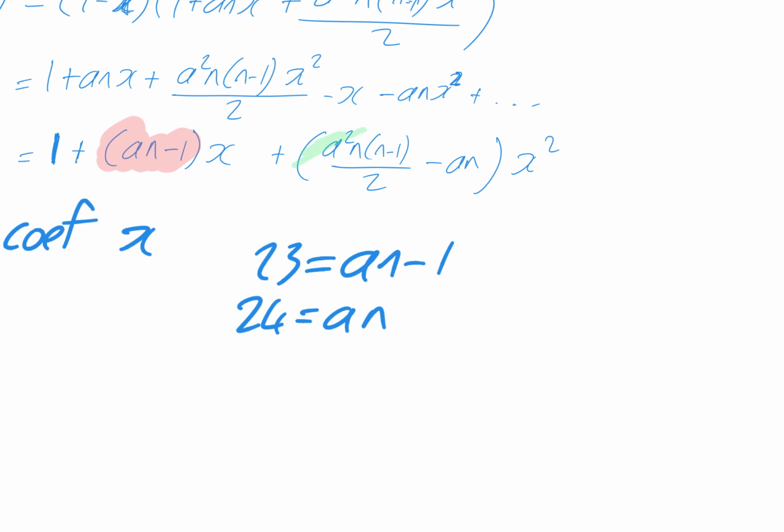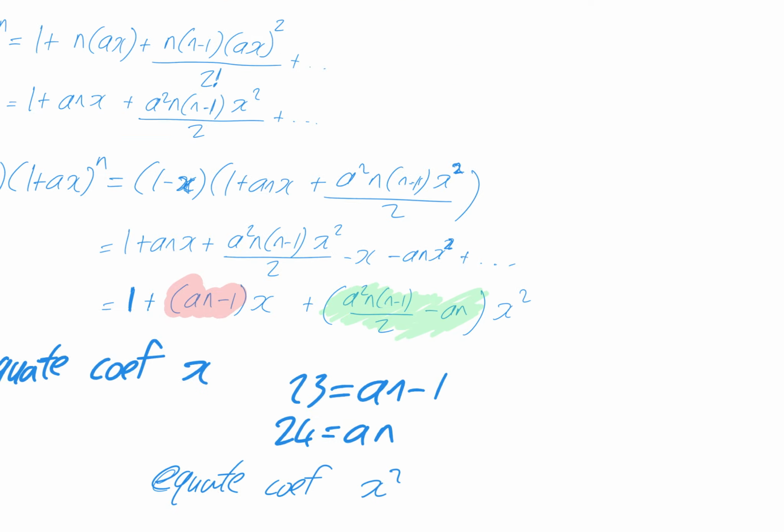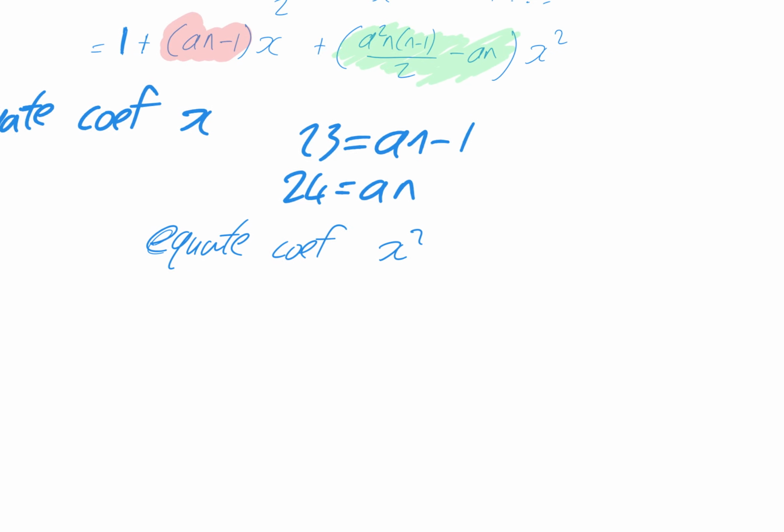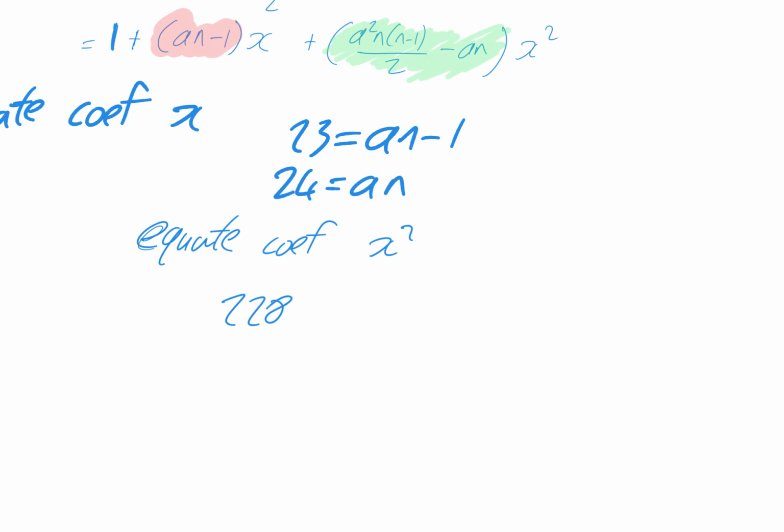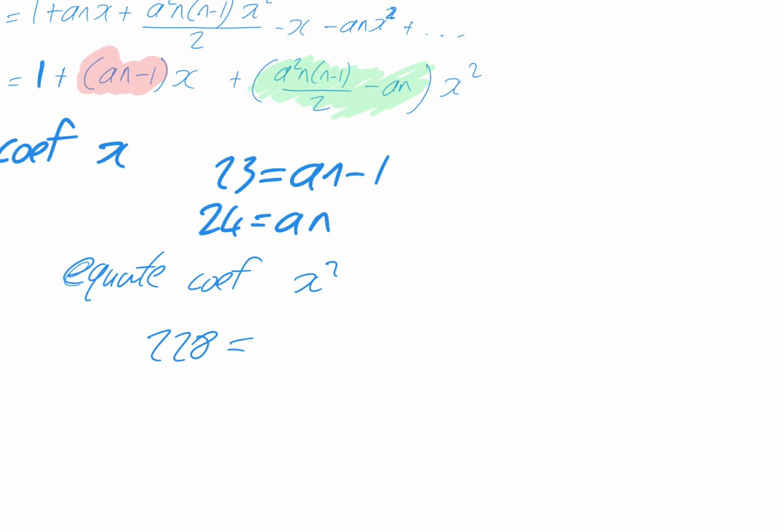So we equate coefficients of x squared: 228 was equal to this horrible thing, a squared n upon n minus 1 all over 2, and then minus an, which was what was multiplying my x squared.